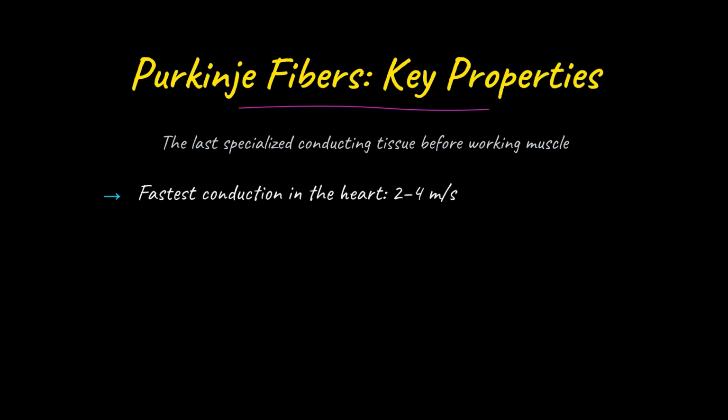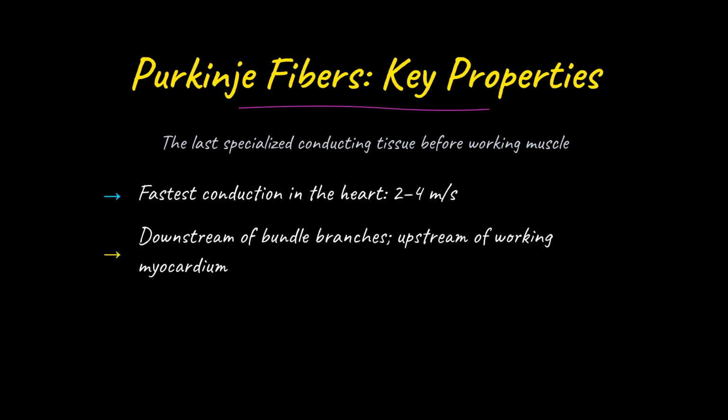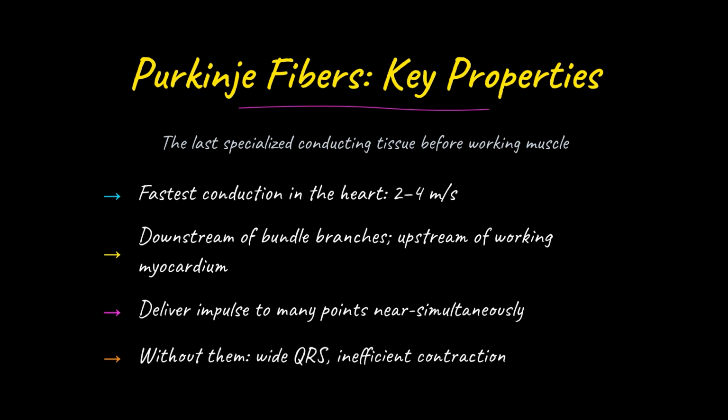Purkinje fibers conduct at 2 to 4 meters per second, among the fastest in the heart. They sit downstream of the bundle branches and upstream of the working ventricular myocytes, making them the last specialized conducting structures. Without this network, ventricular depolarization would be slow, uneven, and inefficient.